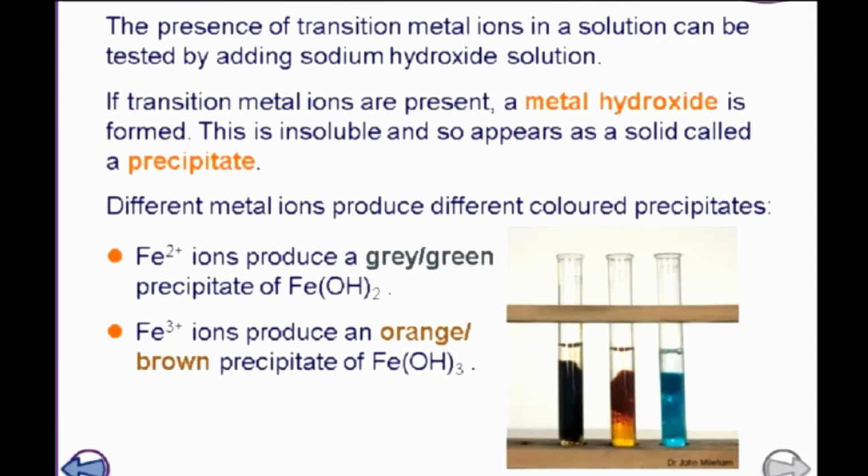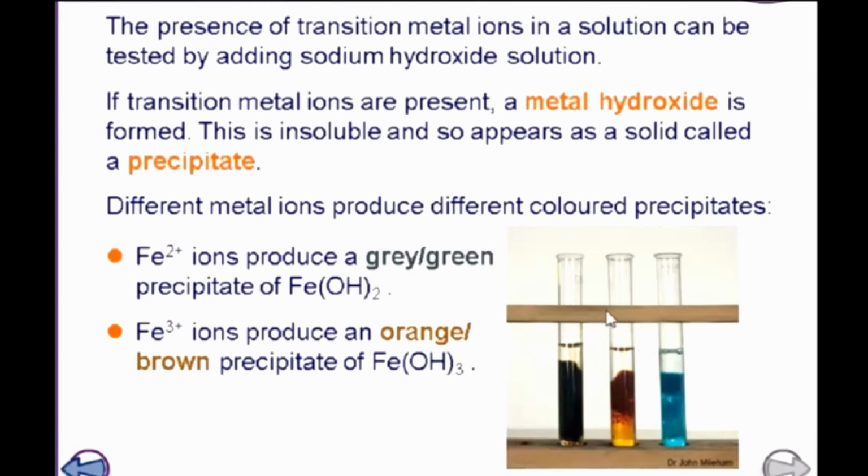Suppose somebody tells you, please recognize whether this is iron(II) or iron(III). It is iron only, but is it iron(II) or iron(III)? We will put it in a solution of sodium hydroxide and if it forms a grey-green precipitate, then it is iron(II). If it forms an orange-brown precipitate, then it is Fe3+.